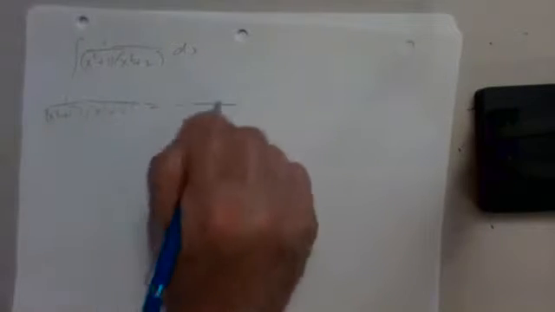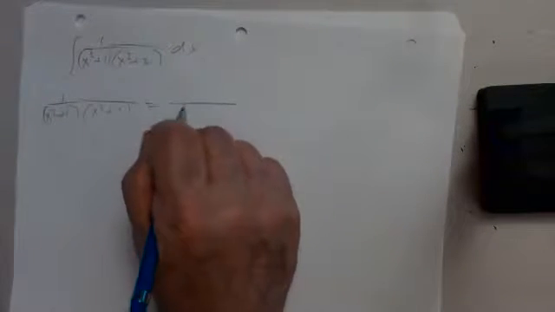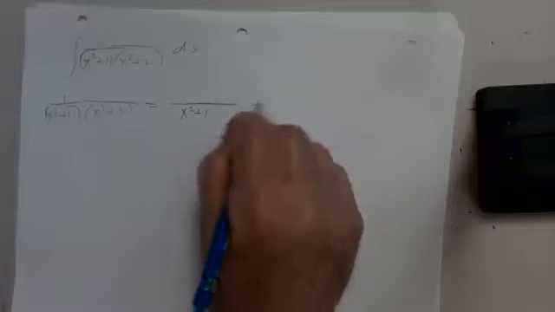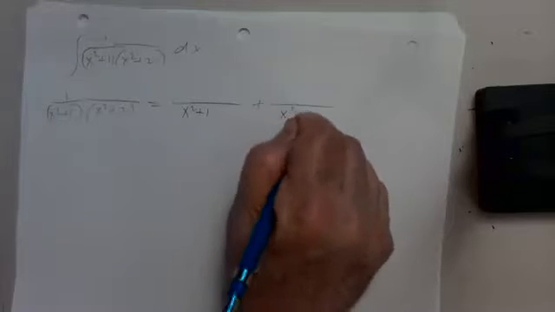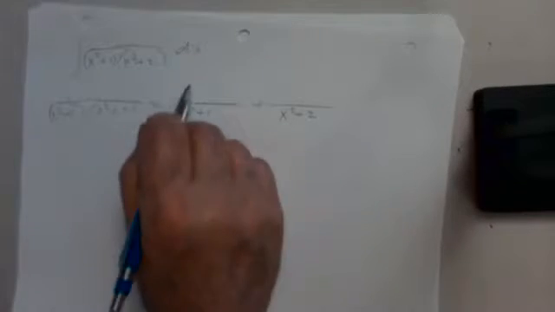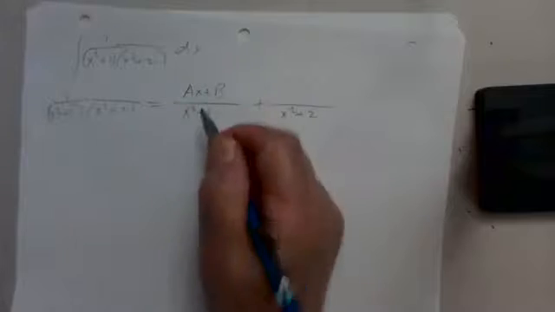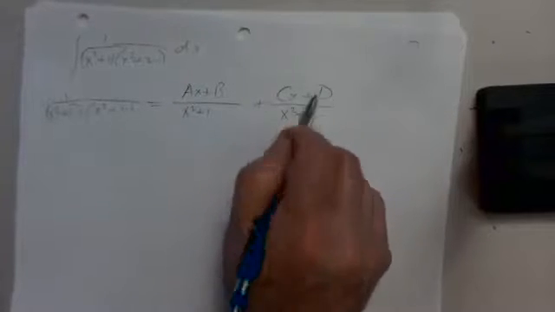These are both irreducible, they don't factor. So we'll get one partial fraction with x squared plus 1 in the denominator, another partial fraction with x squared plus 2 in the denominator, and here we'll have some linear function, and here we'll have a different linear function. But whenever the denominator is quadratic, the numerator is linear.